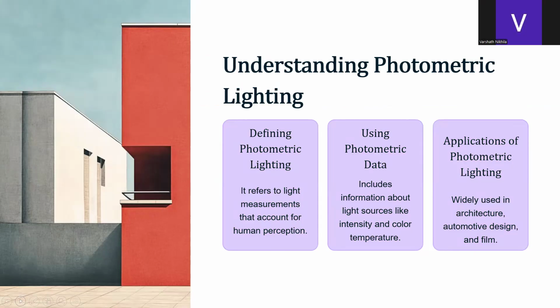Lighting manufacturers often provide IES profiles which can be imported into 3D scenes. This helps architects and designers match CGI lighting with actual products used in construction or sets. It's vital for architectural visualization, automotive renders, and any scene requiring precise lighting conditions.